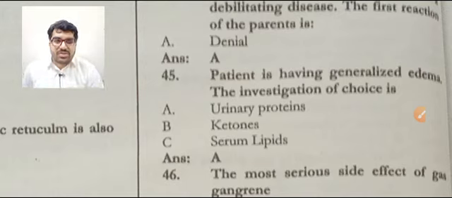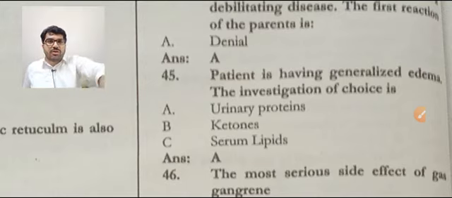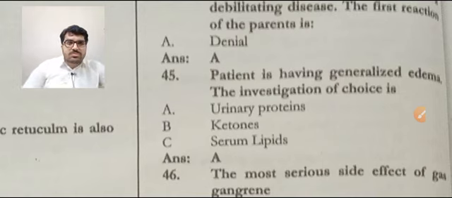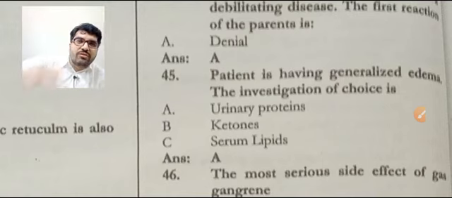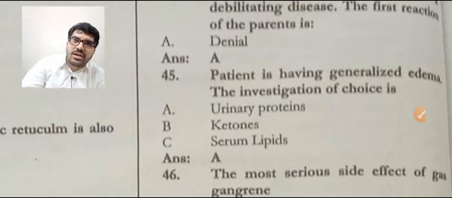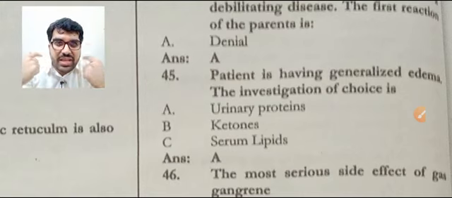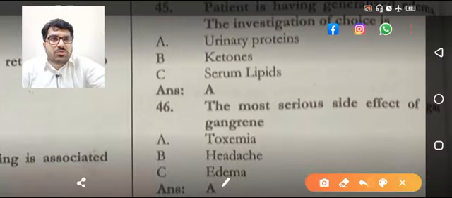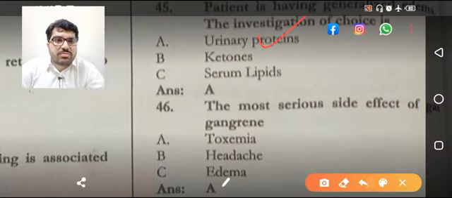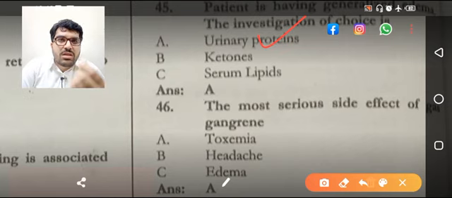Most probably, the patient has a heart problem, because they have dyspnea and keep their head end elevated, so there is no edema on the face. Over here the answer is urinary proteins, but you have to look for the serum albumin.